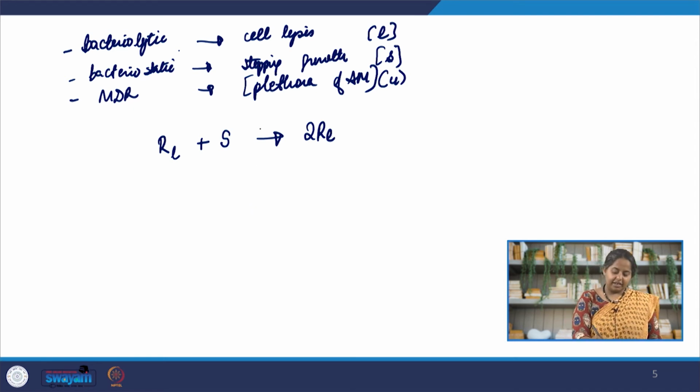And let's say the rate constant here is k beta L. k was the rate constant in the previous slide too, but here I have added beta L to show bacteriolytic.